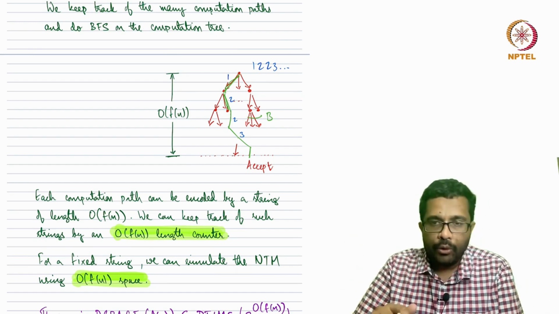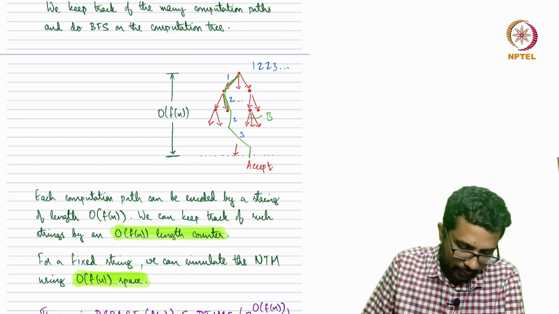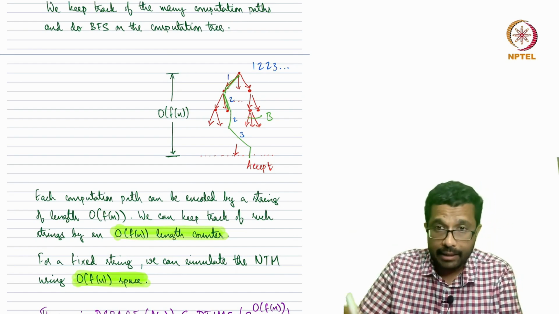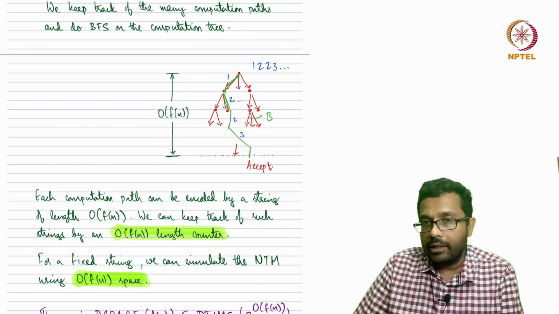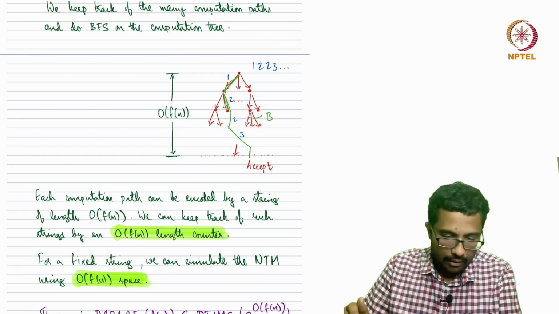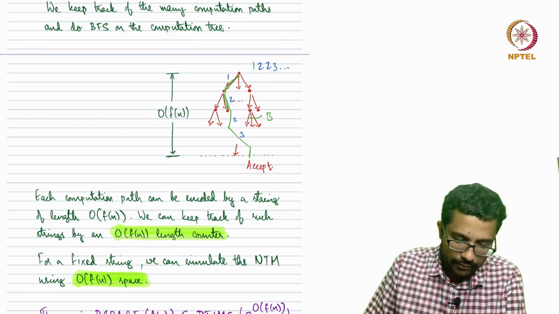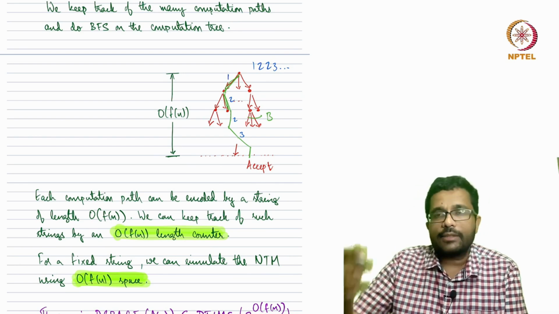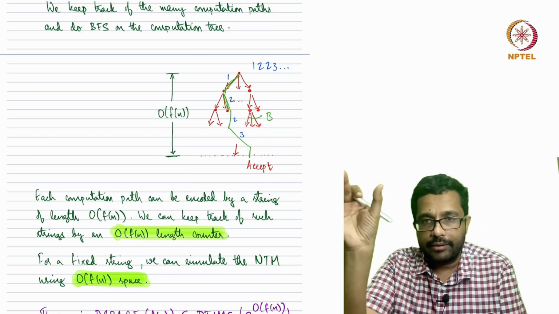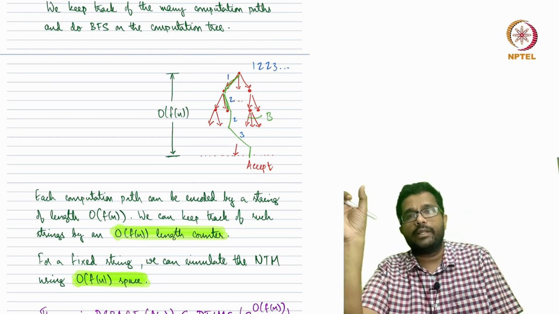And this will require O(f(n)) space, because we are just running an O(f(n)) time Turing machine. So O(f(n)) time will run in O(f(n)) space also. The O(f(n)) length counter is the first thing, and then for the simulation itself we need O(f(n)) space, but that is for one specific string output by the counter.